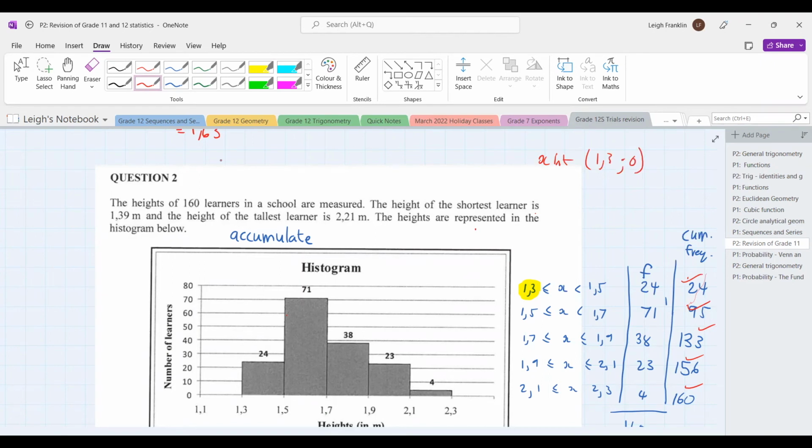Now, there are certain situations where it would make sense for our x-intercept to be at the origin, in other words, x is equal to 0 and y is equal to 0. But in the context of this particular question, when we're talking about height, it doesn't make sense for our x-intercept to be at the origin, because no student at school is going to be 0 centimeters tall or 0 meters tall, right?